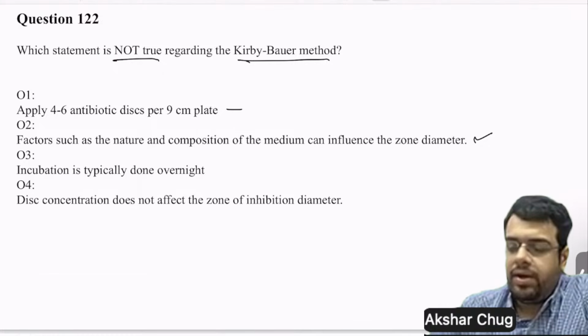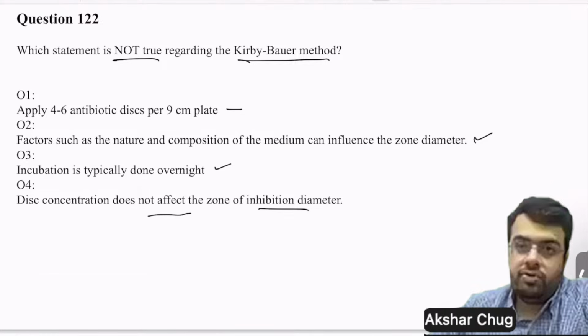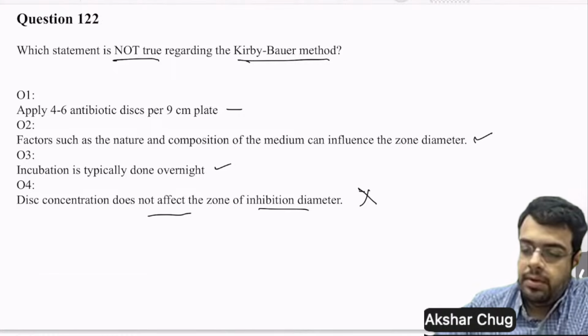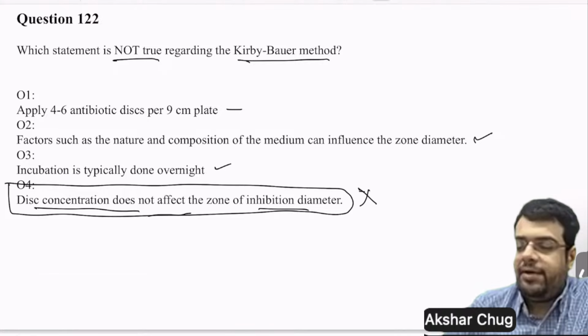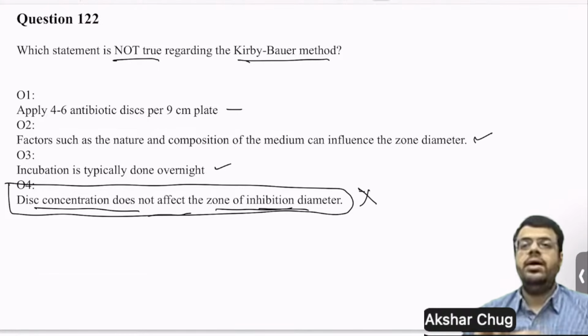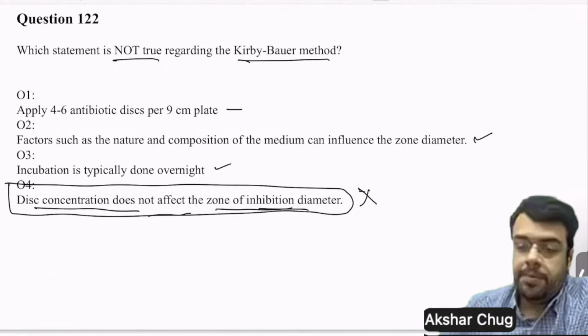Okay, again, this sounds to be correct. Disc concentration does not affect the zone of inhibition diameter. Now, this seems to be more incorrect, so I will go with this option. The reason is the disc concentration will definitely affect the zone of inhibition. If there is a higher concentration of antibiotic, it will cause a higher zone of inhibition. So the option would be option 4.